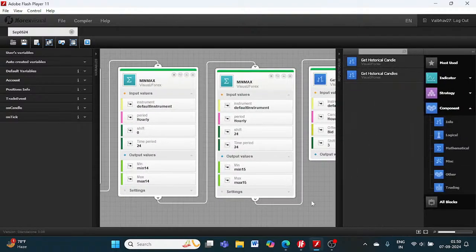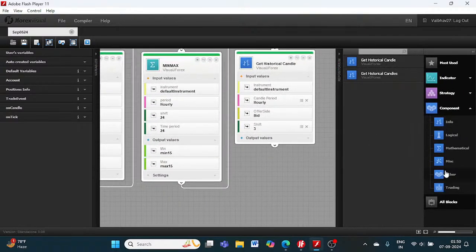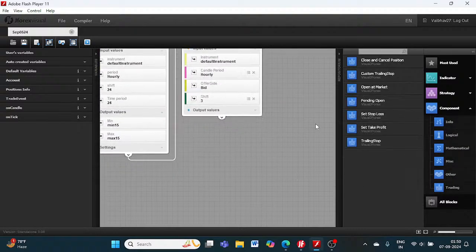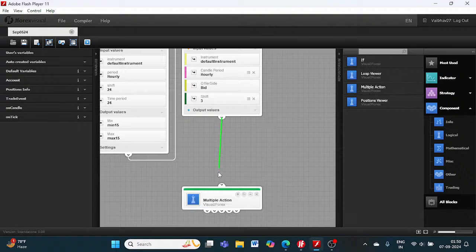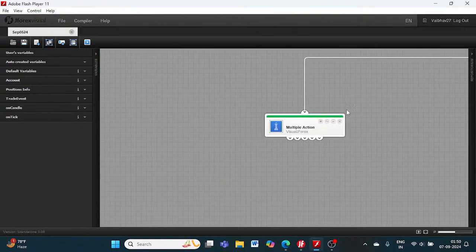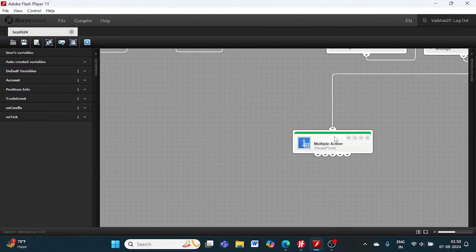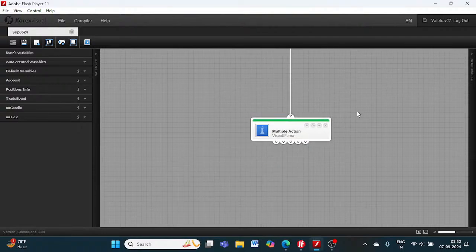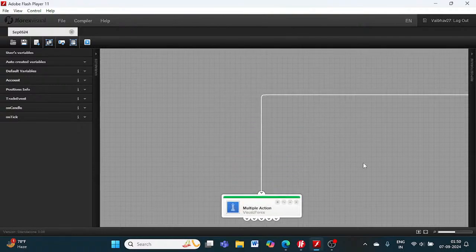After that, I bring in multiple action. Here it comes. Then we need to define two sides separately, one for the execution of the buy trade and one for the execution of the sell trade.